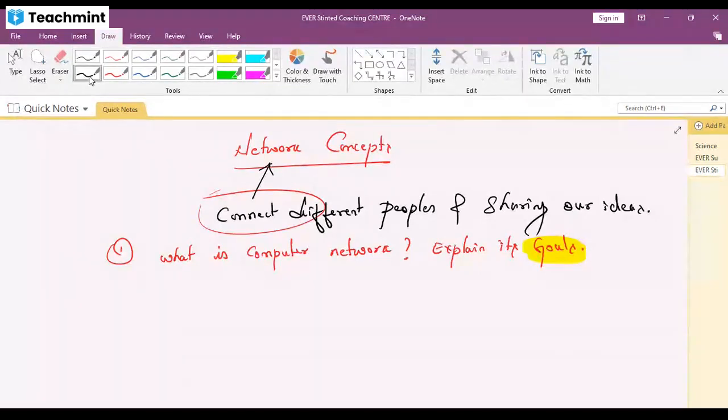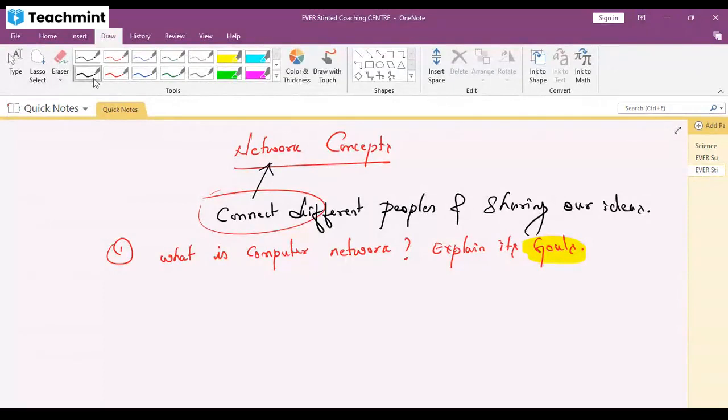Explain the advantages of computer networks. Children, are you understanding this point? Yes, sir. Others, I want everyone to be active in the class. Kindly do participate. Unless your interest is there, I cannot teach you anything here.